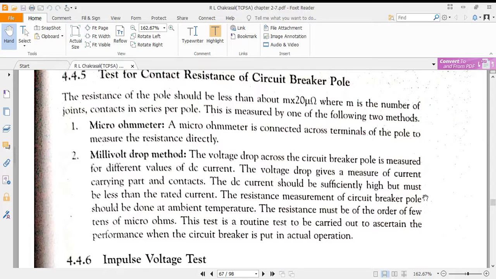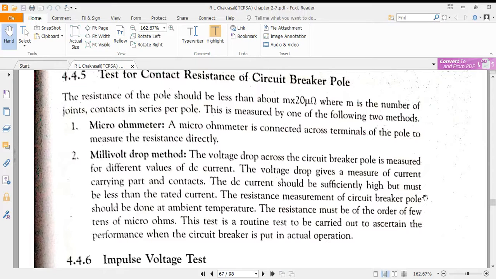As the resistance is in micro ohms, we use a micro ohm meter connected across the terminals of the pole, as you do in the laboratory. So directly it measures the resistance between those two points. It can be read. And the second method is the millivolt drop method.